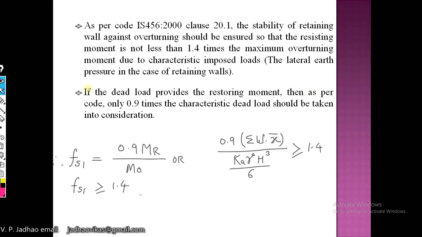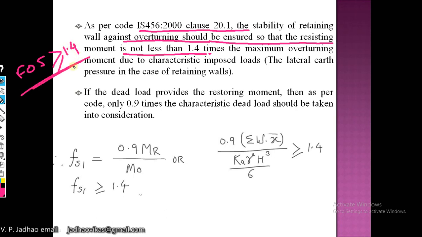Now as per IS 456 clause number 20.1, the stability of a retaining wall against overturning should be ensured so that the factor of safety is more than or equal to 1.4.